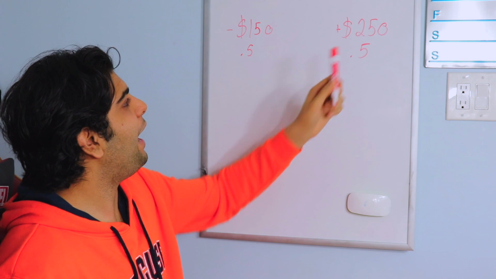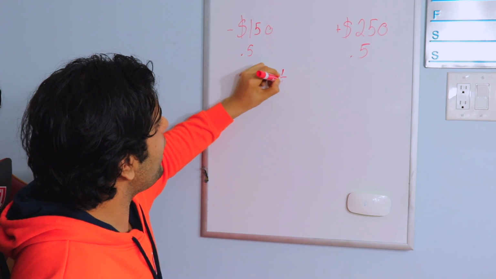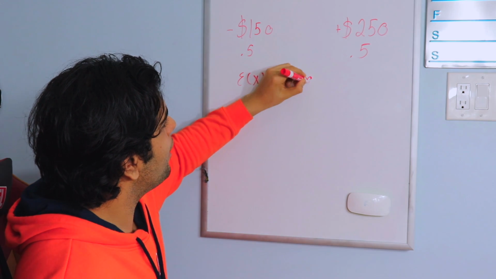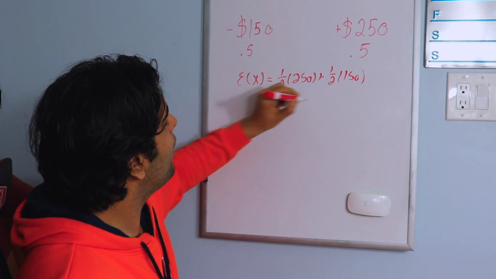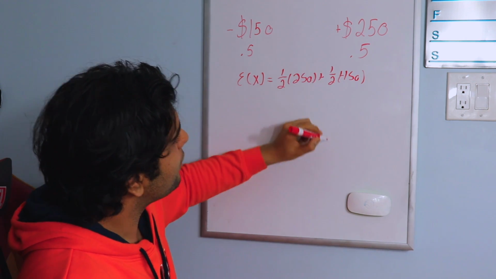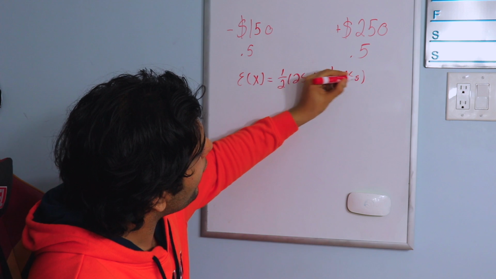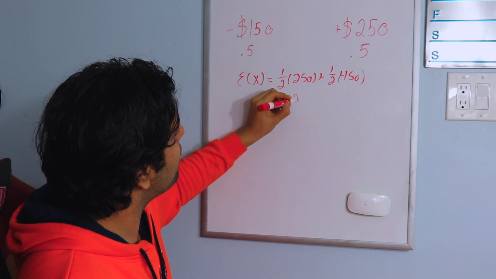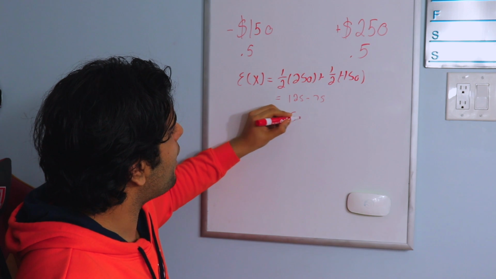So we find the expected value of 1/2 times 250 plus 1/2 times negative 150. This takes into account if you win and if you lose. So that's 125 minus 75. You end up winning $50.